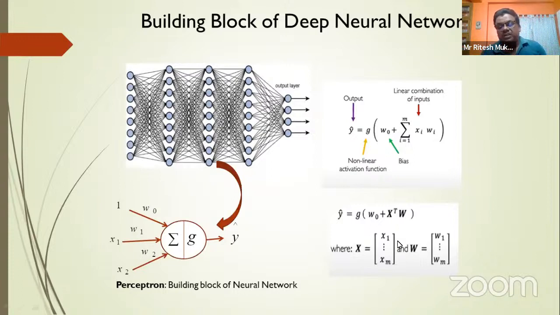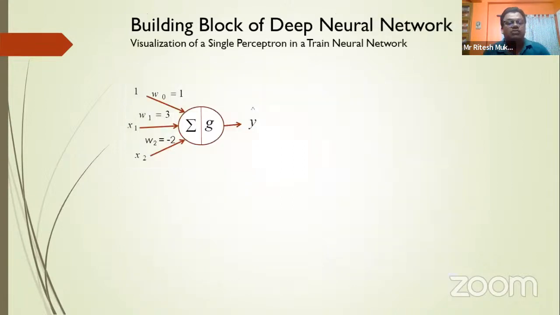We are basically making a summation of the multiplication of those column matrices. So column matrix X transpose multiplied with the weight matrix. We are adding it with the bias. Now applying one nonlinear or linear activation function, we are getting the result. This is simple mathematics. One example will clarify this. In the next slide, I will show you.